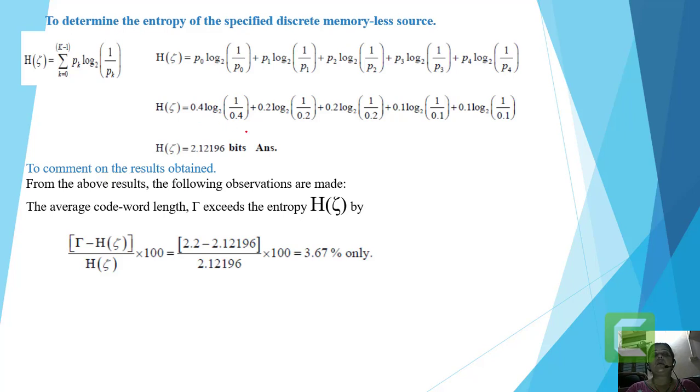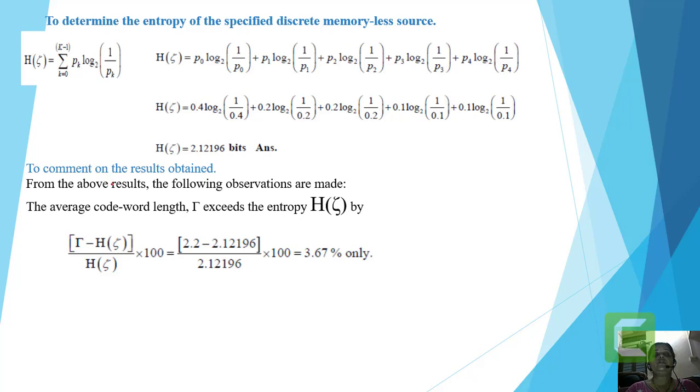Substitute all the probabilities for the given symbols, calculate the answer for each sum term with log base 10, do the addition, and finally multiply that answer by 3.32 to get the answer in bits per symbol.